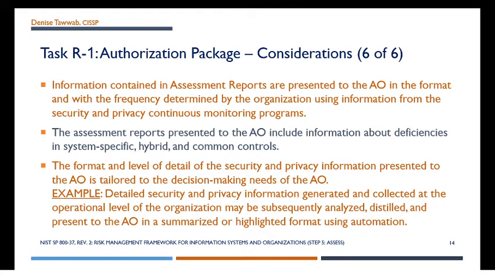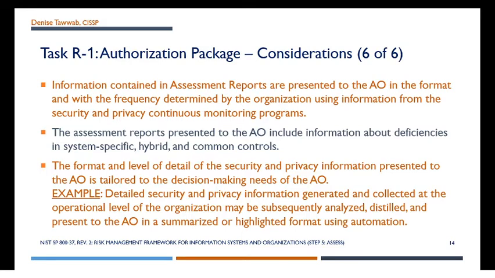Information contained in assessment reports, security assessment reports, and privacy assessment reports is presented to the authorizing official in the format and with the frequency that was determined by your organization using information from the security and privacy continuous monitoring programs. The assessment reports presented to the AO include information about deficiencies in system-specific, hybrid, and common controls.